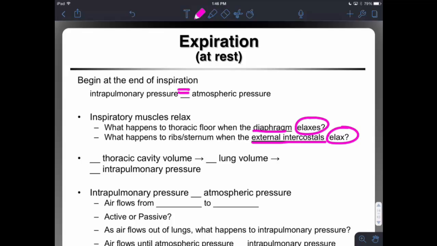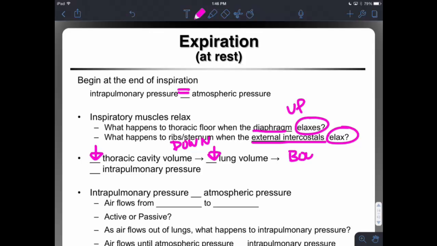So the diaphragm is going to go back up. The external intercostals are going to cause the ribs and sternum to go back down. This is going to cause the thoracic cavity volume to decrease. And because the lungs do whatever the thoracic cavity does, the lung volume is going to decrease.